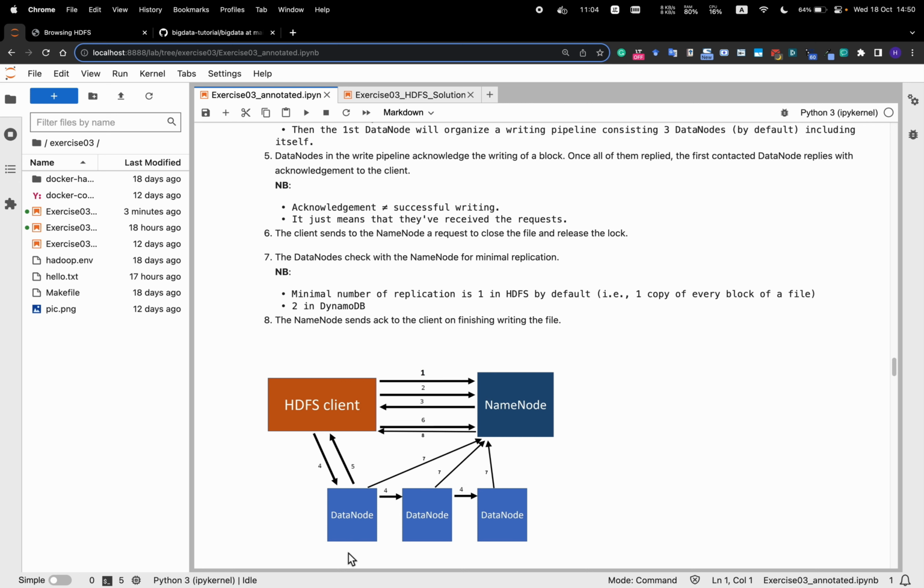Question. Should it be that the name node checks the data node for replication? Right. I think in this case this is a bit of a weird wording, but I think it emphasizes that the data node initiates the connection to the name node. So basically, it reports, hey, name node, I have this many replicas.